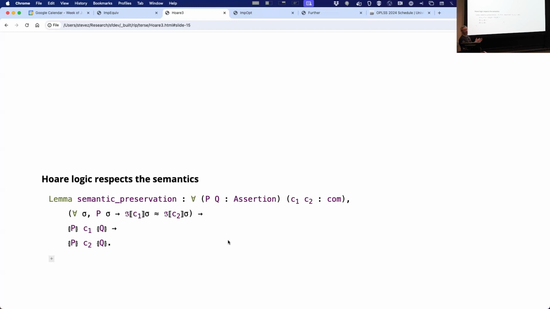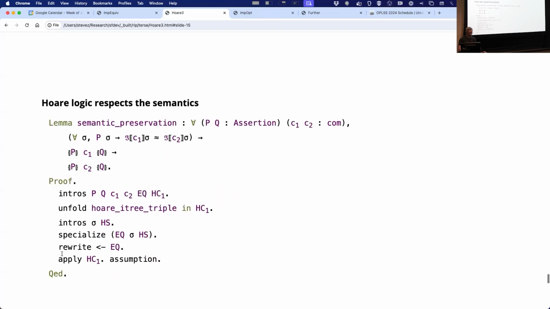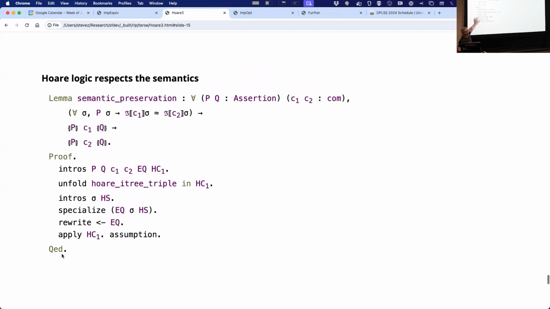This is quite nice because you can imagine using your optimizations: this rule composed with the various optimizations we've already seen says that your optimizations preserve your Hoare logic reasoning. So those program transformations won't affect any correctness arguments that you've made. And in fact, the proof of this is very pleasingly simple. It's just unfolding the definitions and using essentially transitivity.